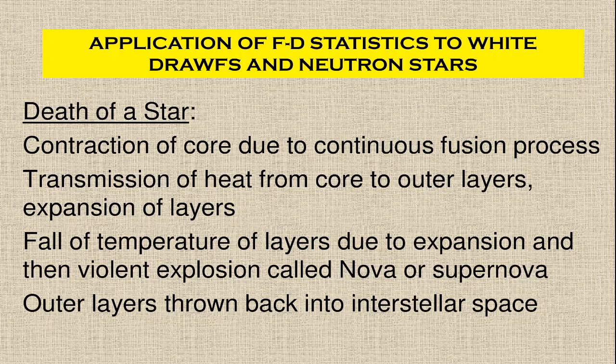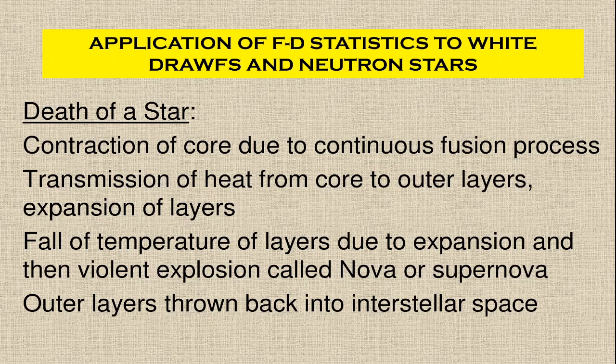Due to this contraction, the temperature of the core of the star again rises. So the star cannot keep the heat with itself. Naturally, the central core of the star will give away the heat to the outer layers.